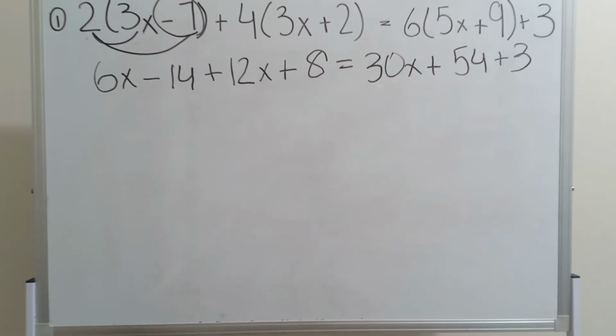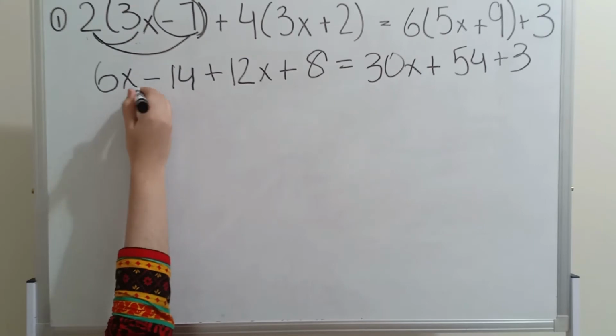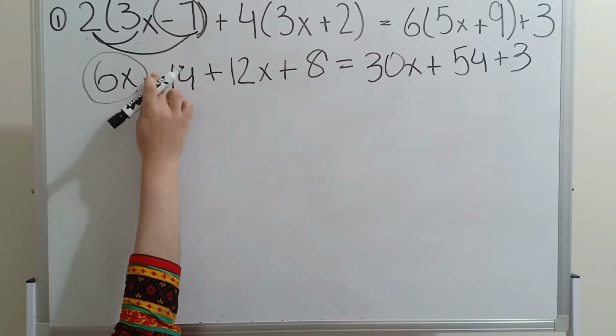So the next thing we are going to do is combine like terms. To do that, we're going to first put the like terms next to each other, which will make it easy for us to add or subtract them. To make it easy to find the like terms, we can circle every number, including the sign.